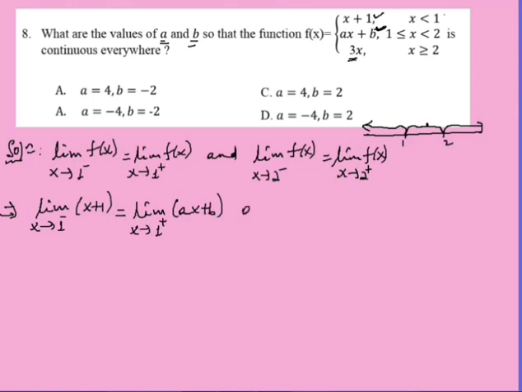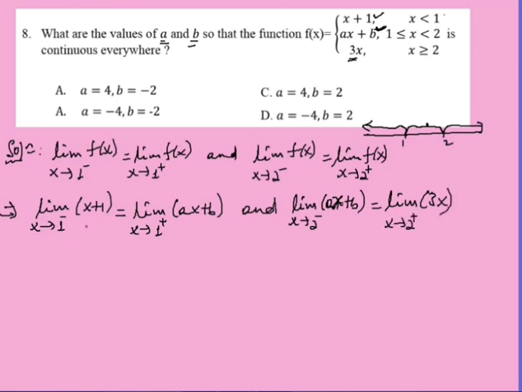Okay, this must be satisfied, and the limit at 2 from the left means ax plus b as x approaches 2 from the left. This must be the same as the limit of the function 3x as x approaches 2 from the right.